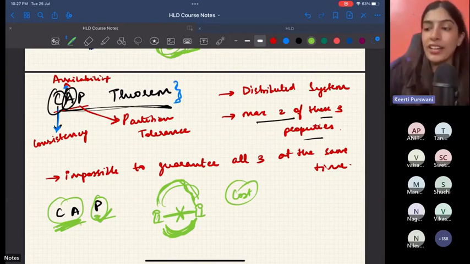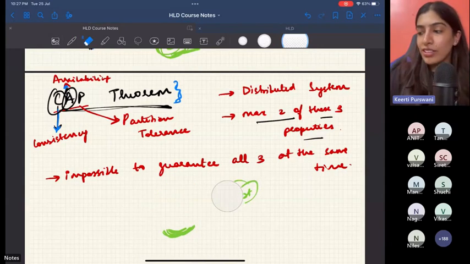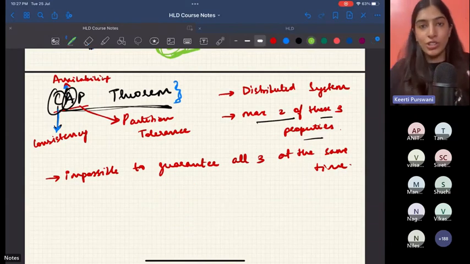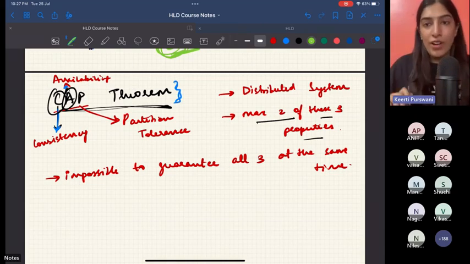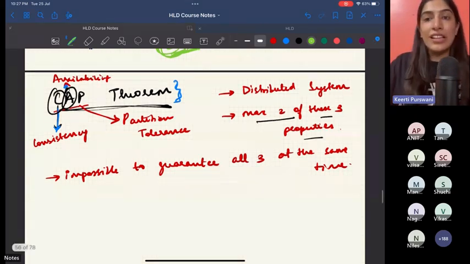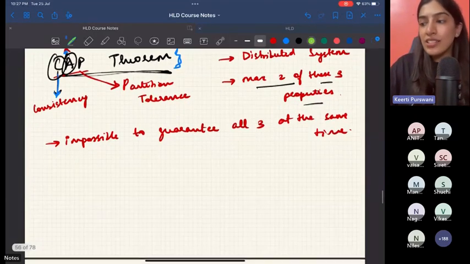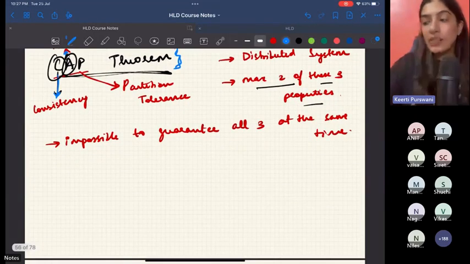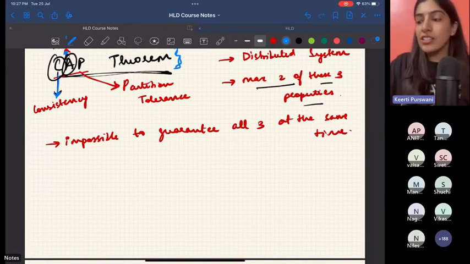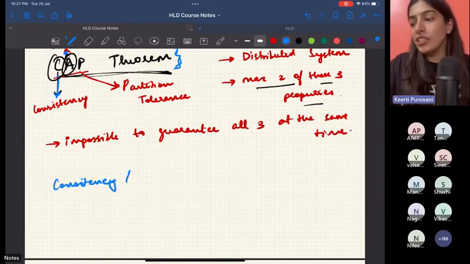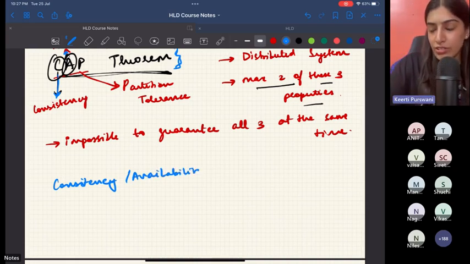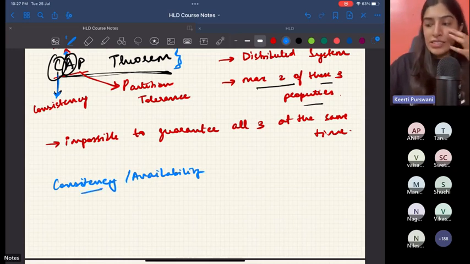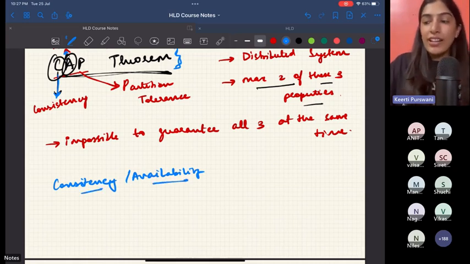In an interview, one of the first discussions in system design is about requirements, functional and non-functional. The question that will come to you is what you are going to trade off: consistency or availability.